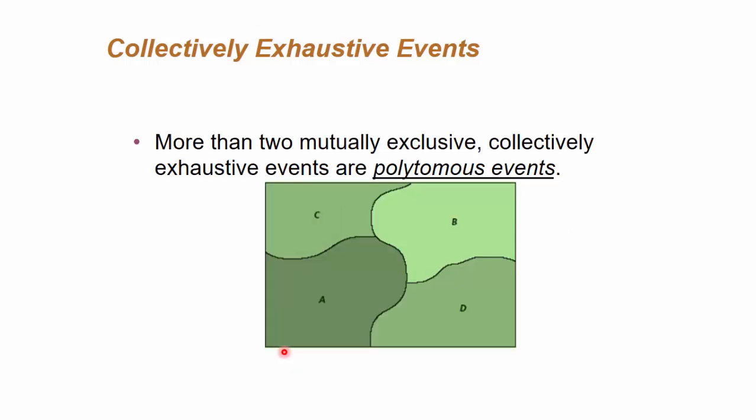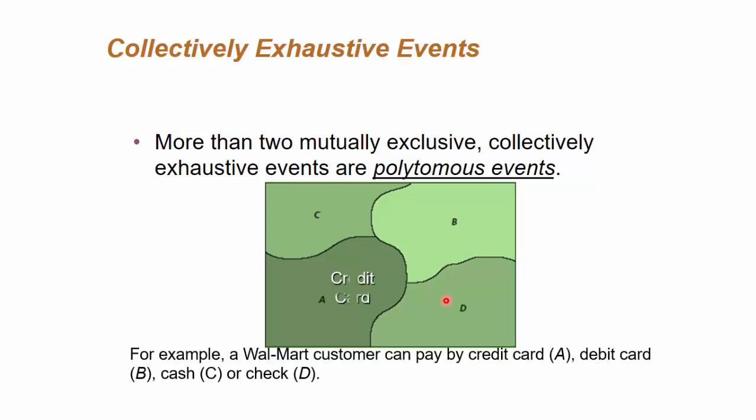There could be more than two mutually exclusive events to form a collectively exhaustive set. In this case, it is polytomous, meaning there are many possible outcomes A, B, C, D, each having its own category. Let's say, for example, the payments made by customers in a grocery.